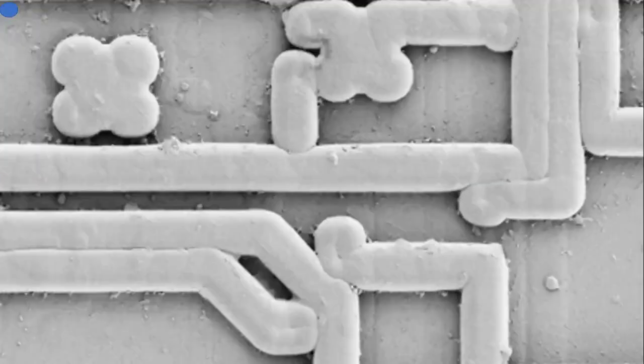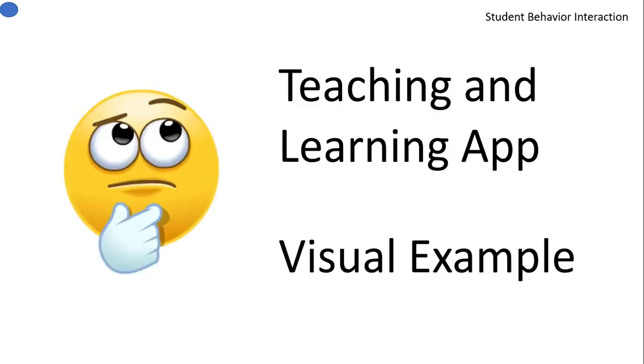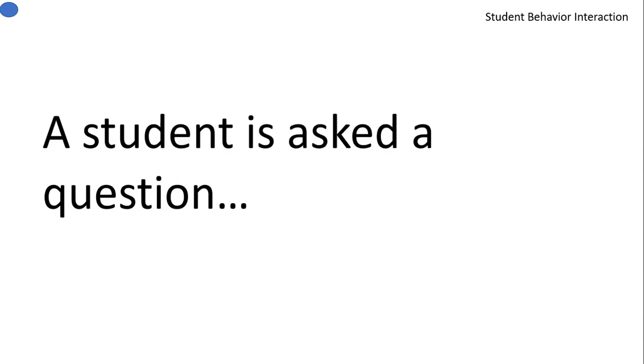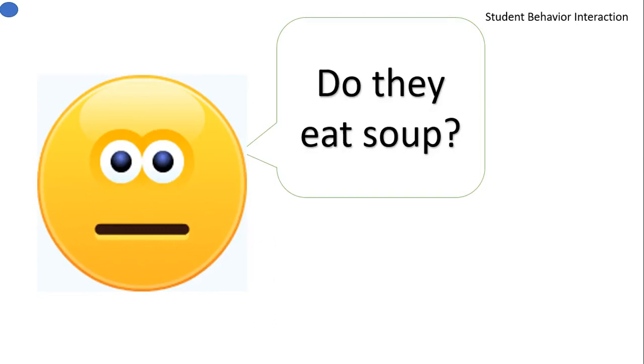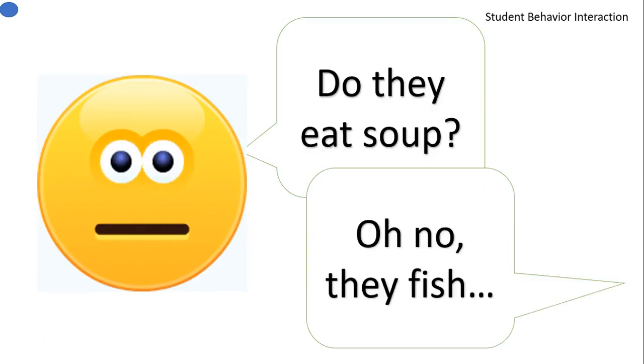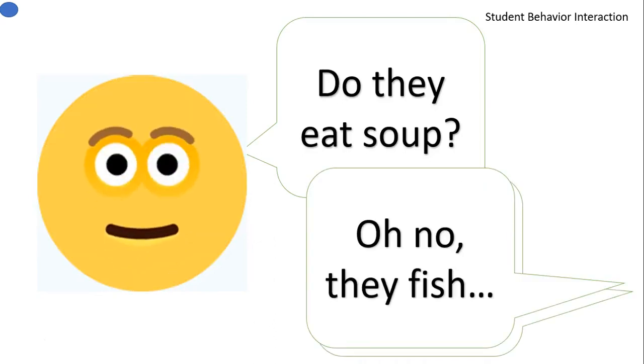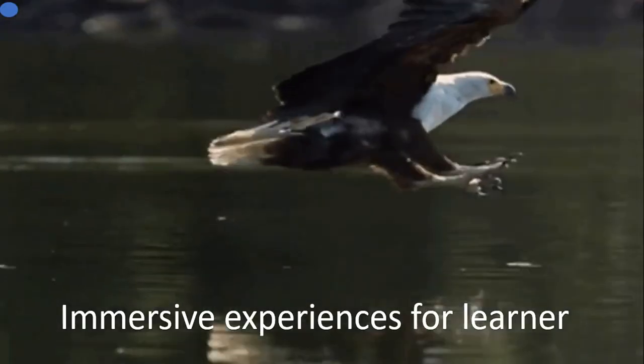Let's zoom in on an example to see how this will work. A student is asked a question. The software listens to the response, and if the student is confused, a learning resource is fed to the student to help them understand the concept.